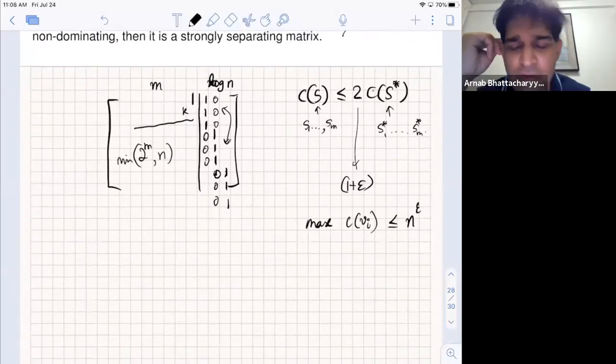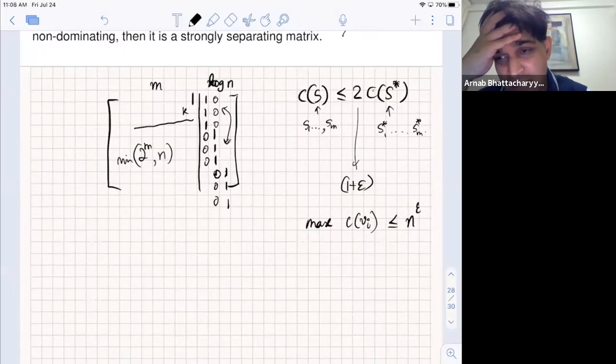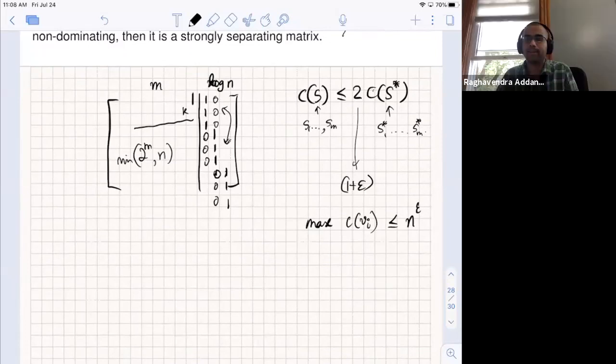So what about for just the unit cost model, where you're just counting the size of the set? That's a very good question, in the sense that if you're aware of this theorem called the Kruskal-Katona theorem, that essentially gives the optimal cost in that case.